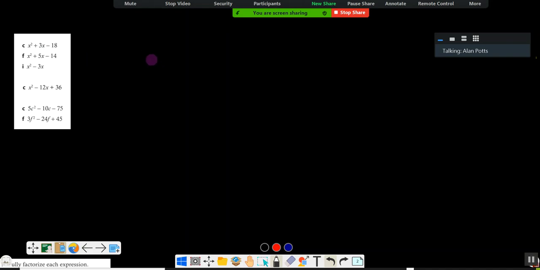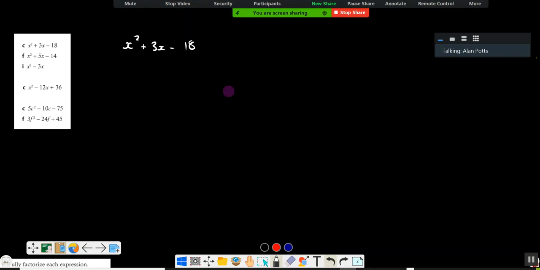So let's have a look at this first one. Does anyone remember how to do this one, to factorize it? No one? Say no as well if you don't know how to do it.